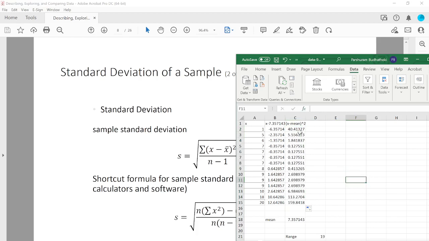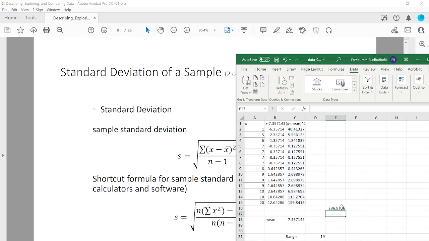Now our goal is to find the summation, meaning just add everything in this column. I'm going to find the sum of this data, and I can use the sum command, or I can do it manually using another calculator.